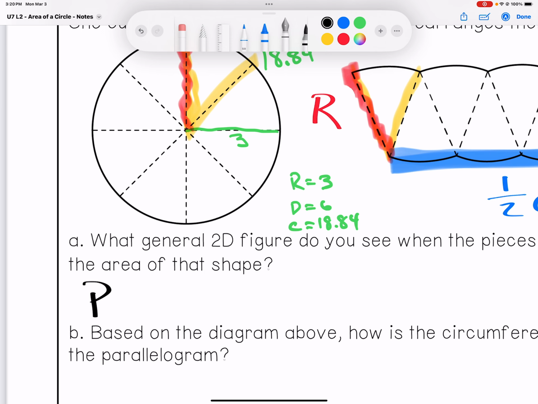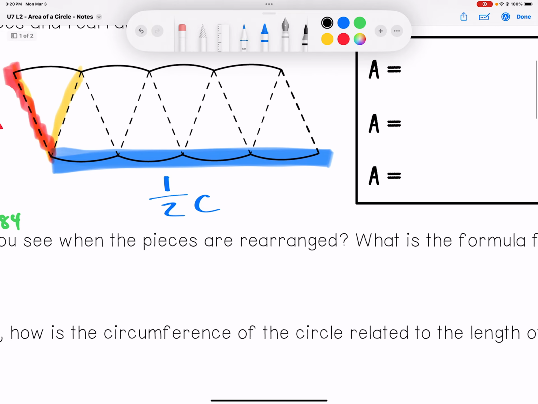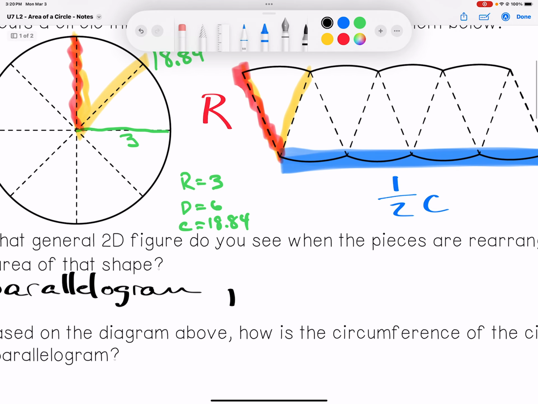It looks like a parallelogram. Is it exactly? No, but it is close. And what is the formula for that area? I don't know if you remember, but it was area equals base times height, aka length times width, whichever way you were taught and remember it.